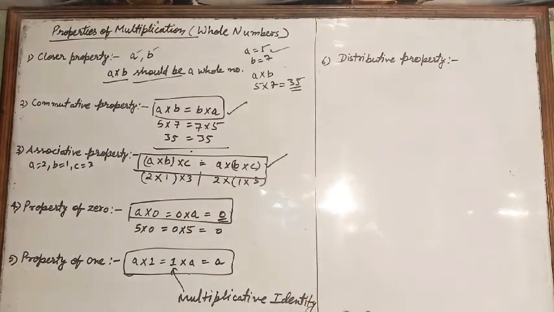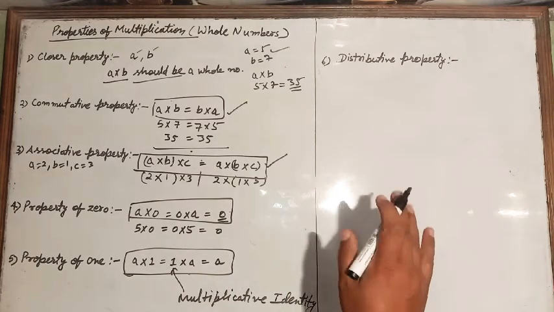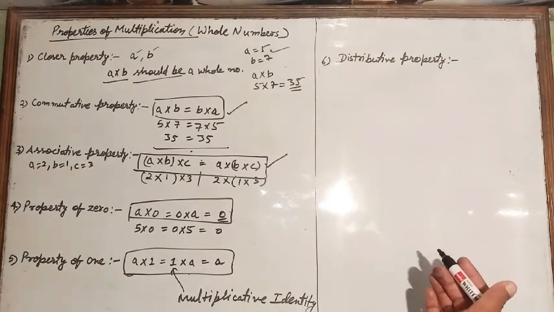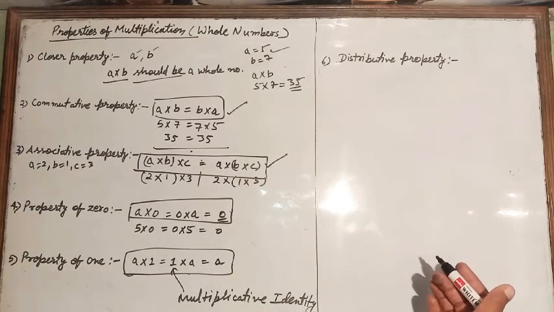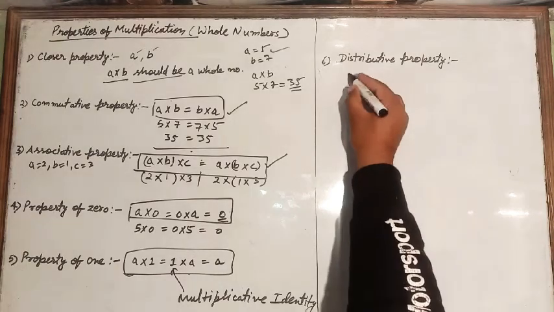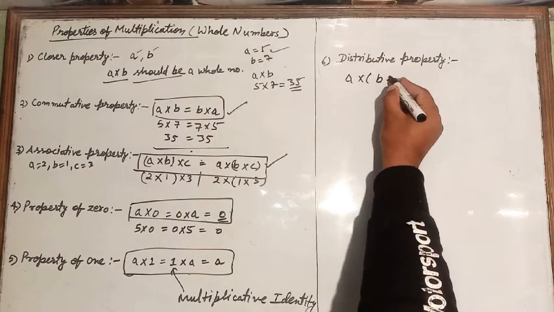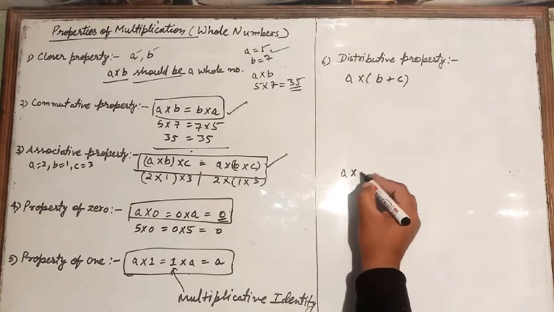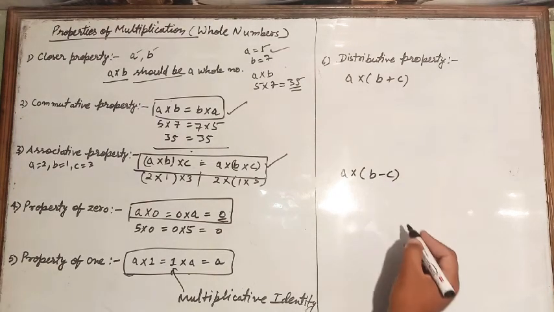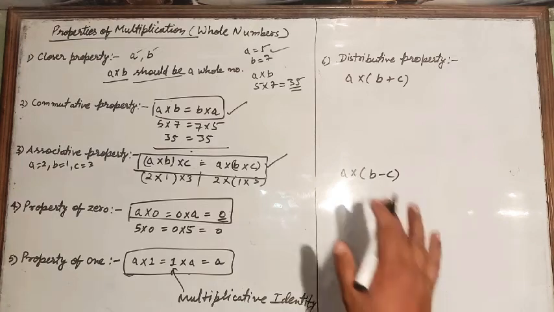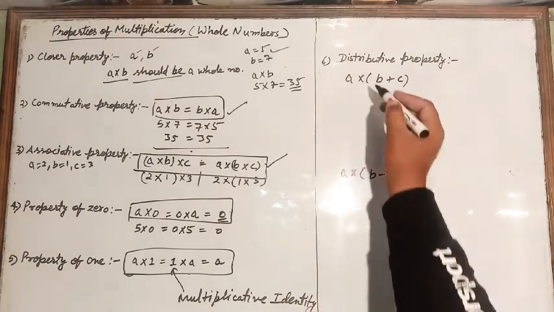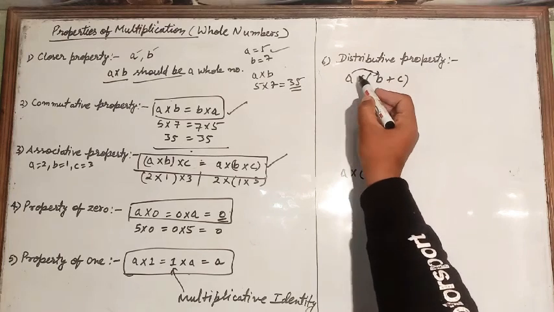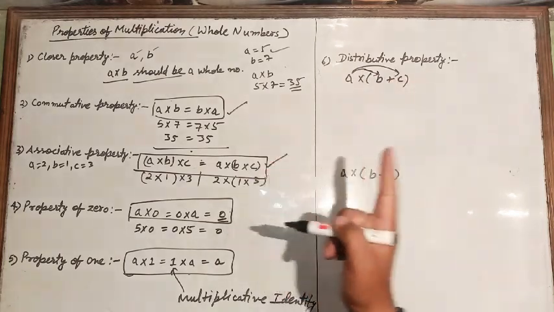So now come to distributive property. Distributive property we can categorize in two ways, one in case of addition and one in case of subtraction. In addition it is A into B plus C, and in subtraction it will be A into B minus C. Now see what our result will be if we multiply this. The bracket means A will be multiplied with B also and with C also.